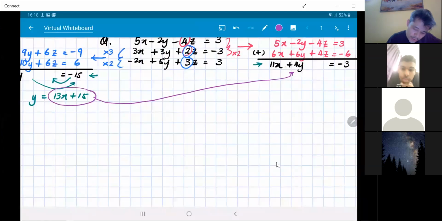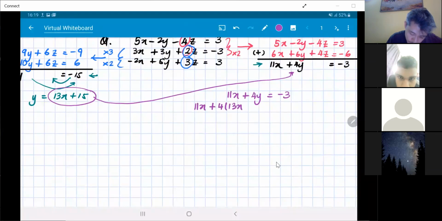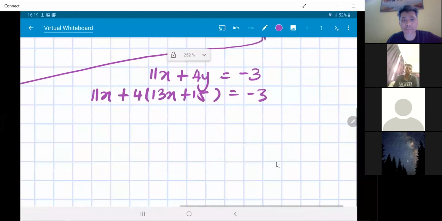So which means now, this equation was 11x plus 4y equal negative 3, but now we're going to ganti the y, because we already know y is 13x plus 15. So maksudnya now, 11x plus 4, y is 13x plus 15, tutup kurungan, equal negative 3. Let's zoom it in. Okay, all right.